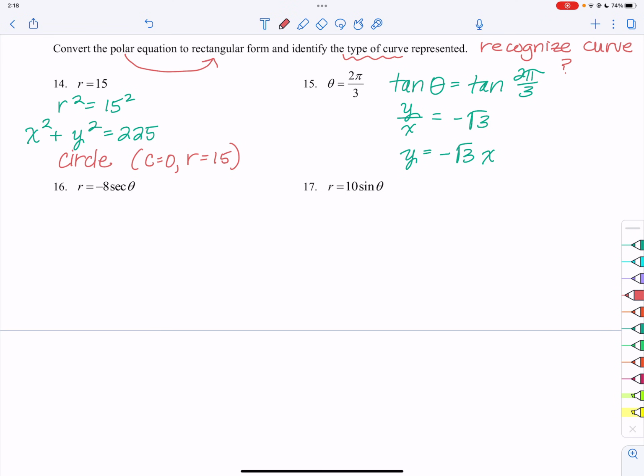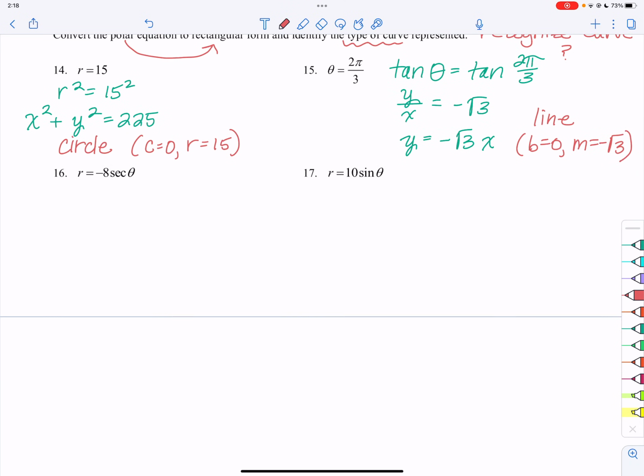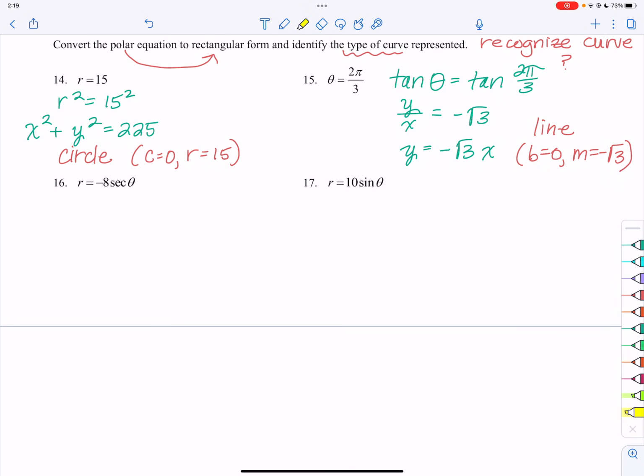And this is just an equation of a line where the y-intercept is 0 and the slope is negative root 3. See if I can make that a little bit neater. Okay, so this is a line.